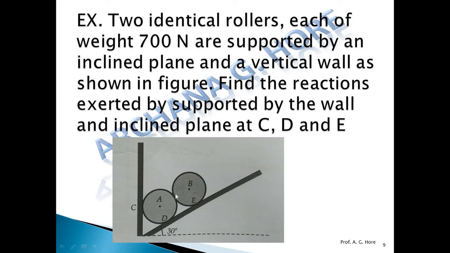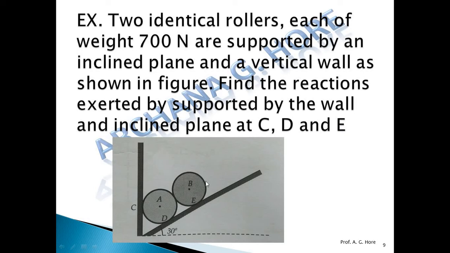Means here A and B are the two identical spheres. The weight of the two spheres is 700, that is given in the numerical. Also we want to find out the support reactions at the inclined plane at C, D and E points. Okay, contact reaction.